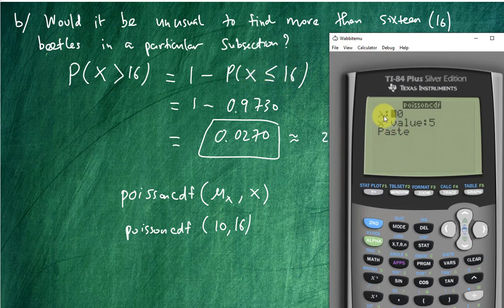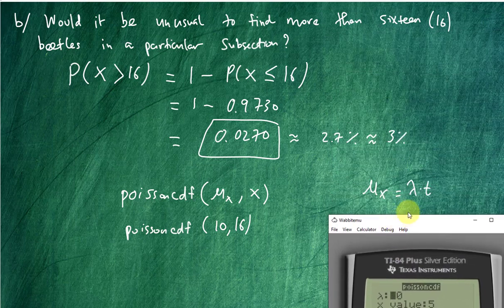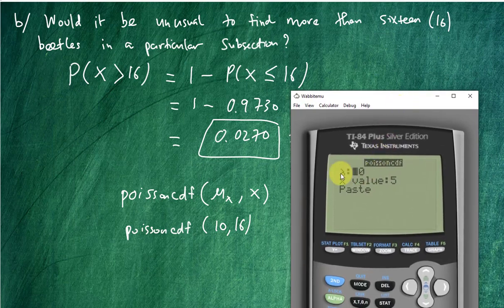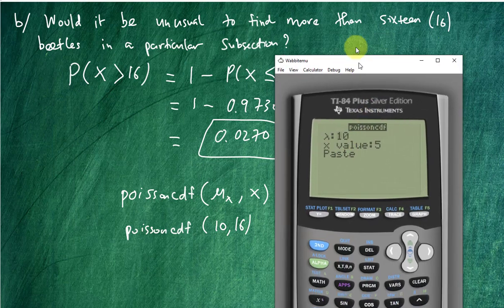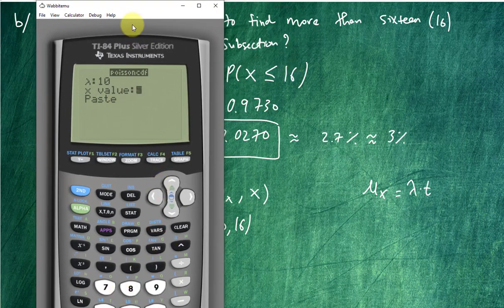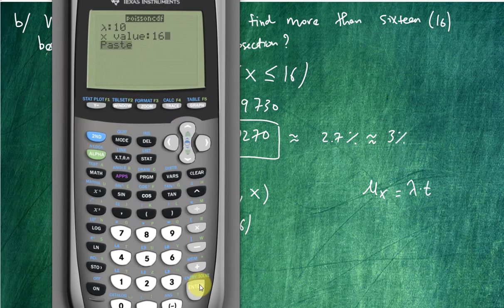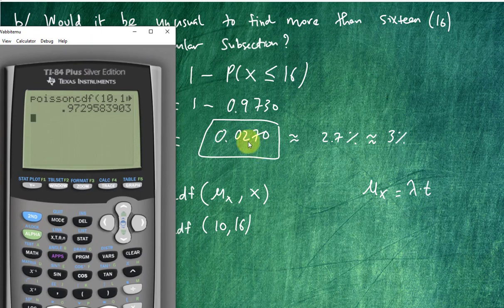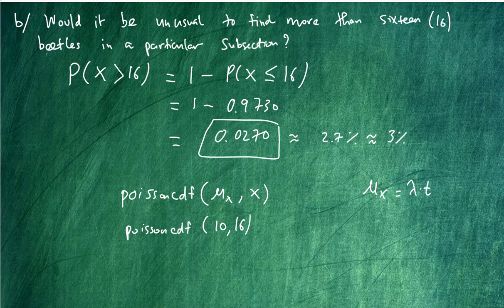The lambda value here is actually the expected value, not the single lambda as you saw, but the mu value instead. So the lambda notation here is your expected value, which is 10, and your x value is the number of successes. In this case, it's 16 beetles. We are looking for 16. So entering 16 here will give me the value that you saw here, 0.9730.